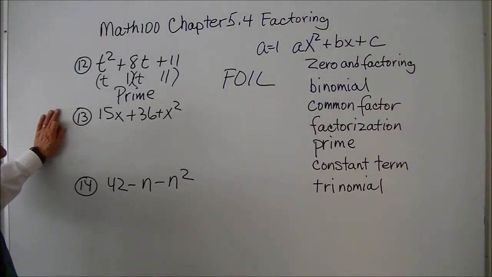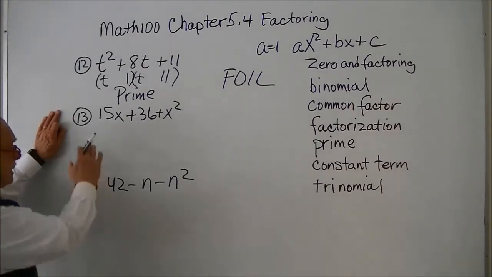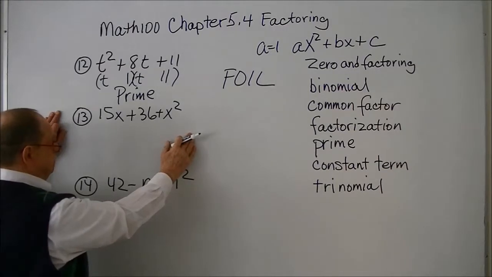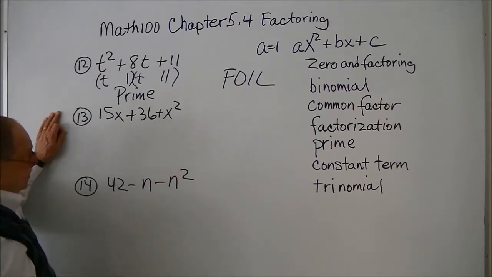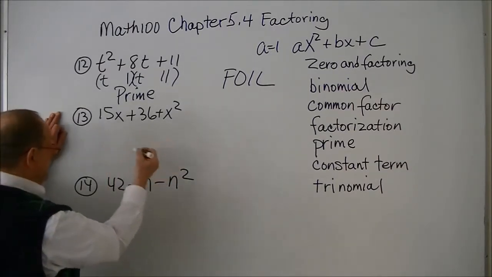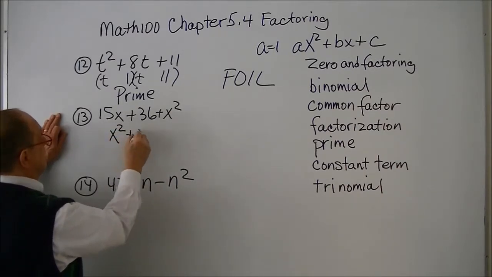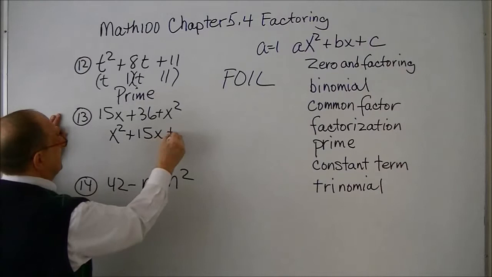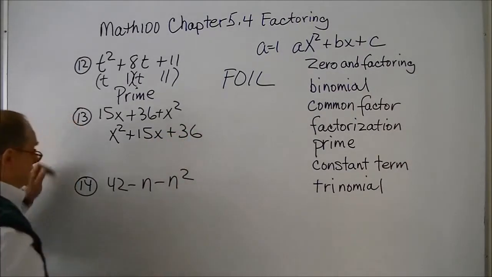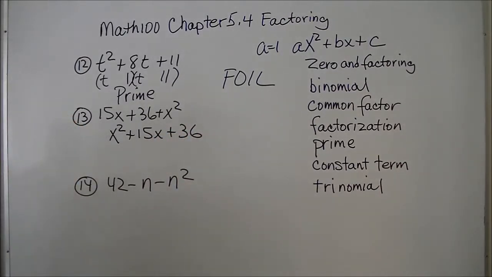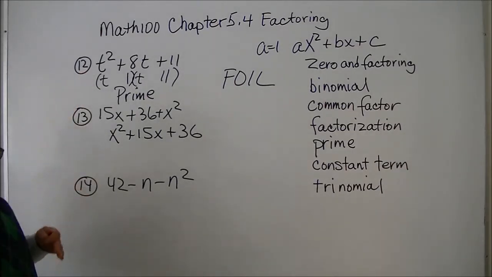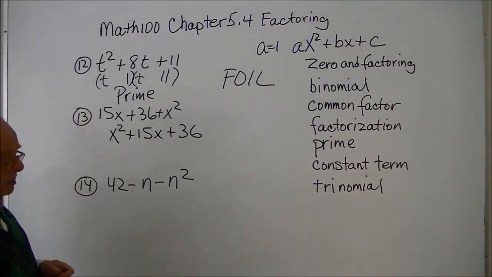Okay, number 13. Is it in standard form? Nope. So put it in standard form. X squared plus 15x plus 36. And again, sometimes when you look at these, right away you can tell if they're going to be prime.